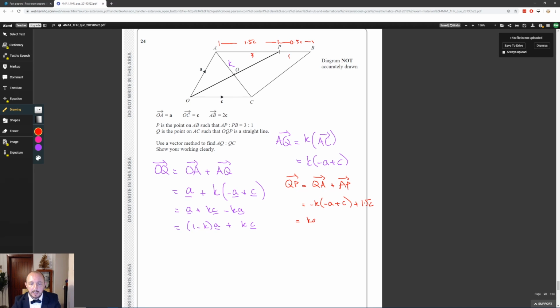So we would have KA minus KC plus 1.5C, and that will give us KA plus (1.5 minus K)C. So I'm just factoring out the C's so that we can see the ratios of these things to each other, because I said that the ratios O to Q and Q to P will be the same.